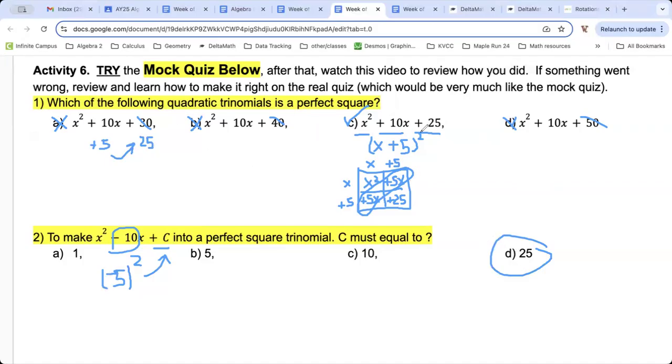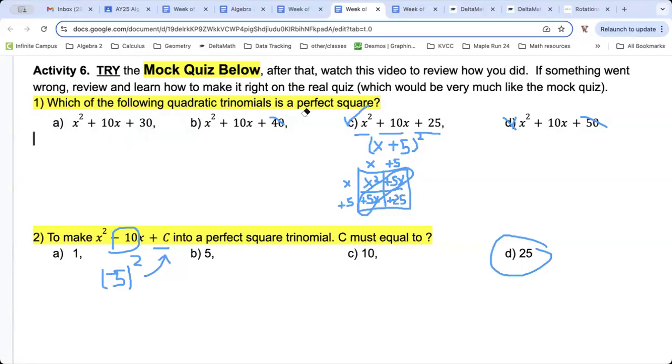So those two problems, if you see them on a quiz, are really easy. And just remember this, half of the middle number squared. If that turns out to be the third number here as the constant, you have a perfect square on your hand. All right.